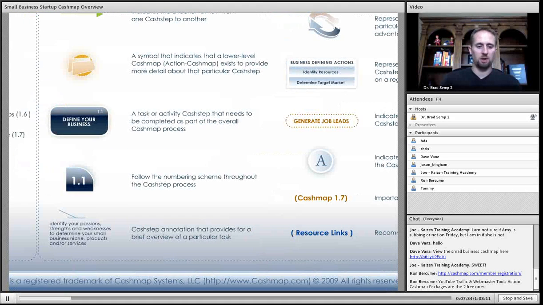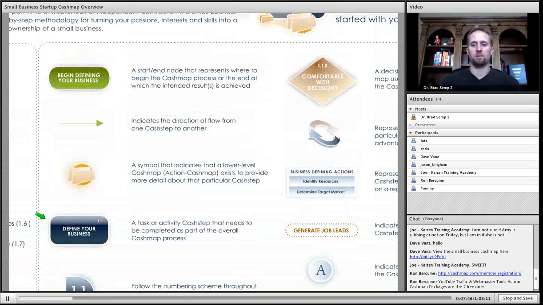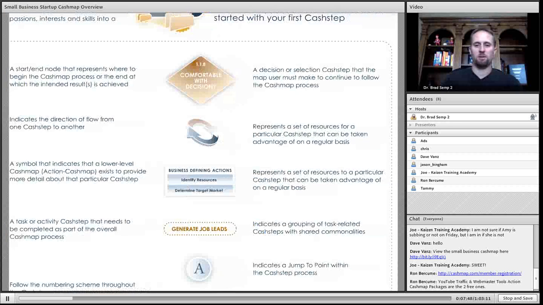I'm going to keep going down here. This is what we call a text annotation. You'll see a little line with some text. That is where we provide additional information about a particular step on the cash map and how to perform it.